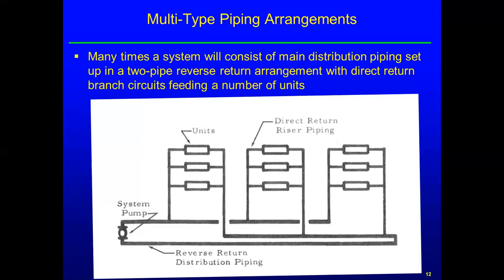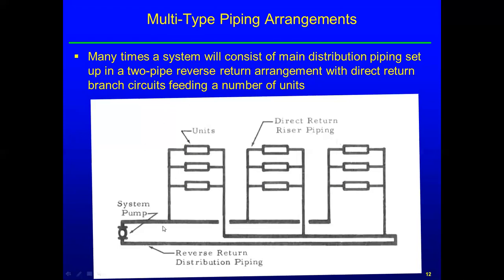Multi-type arrangements sometimes, and we mentioned this slightly previously, so let's say that we have a 2-pipe reverse return on our distribution piping and direct return on the branch circuits.